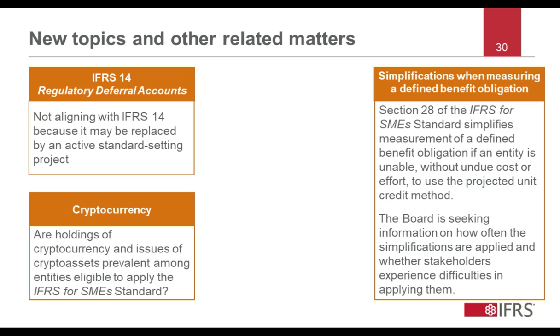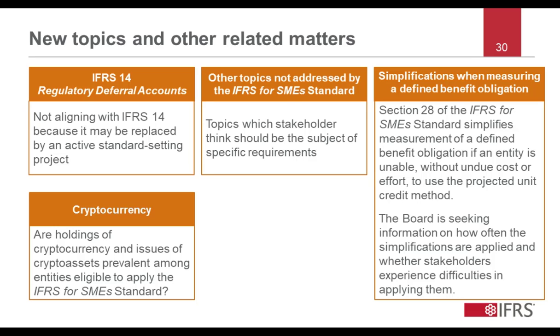However, the board received some feedback that the simplification is not clear, and some found it difficult to apply. But information from the SMEG suggests that very few entities use the simplification. So the board is requesting further information on whether the simplifications are applied regularly, and if so, what difficulties arise in applying the simplification. This information will help the board decide whether to retain the simplifications or remove them.